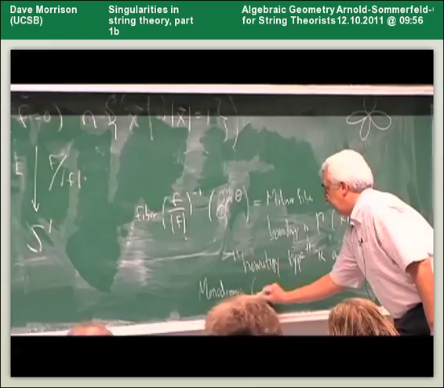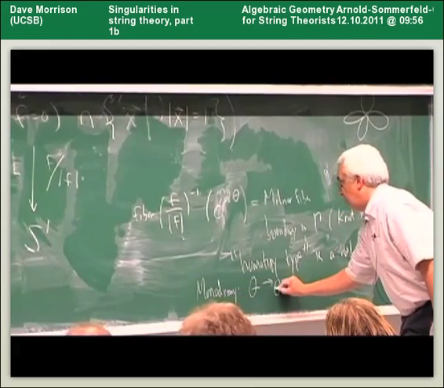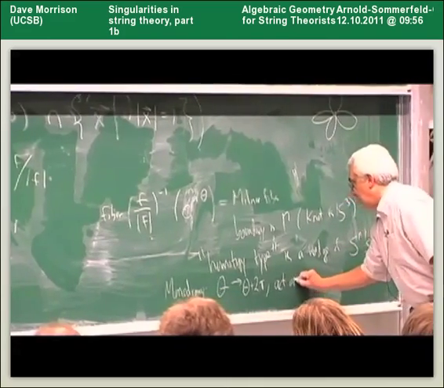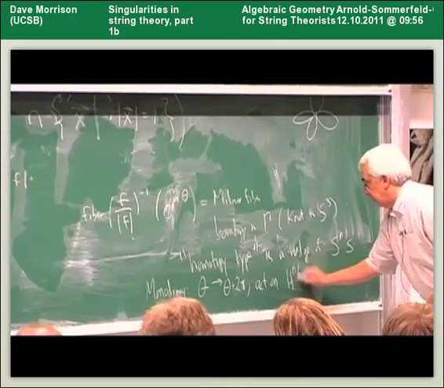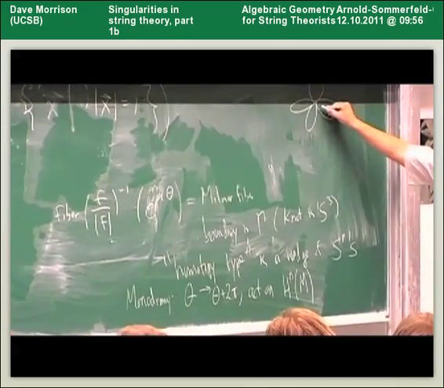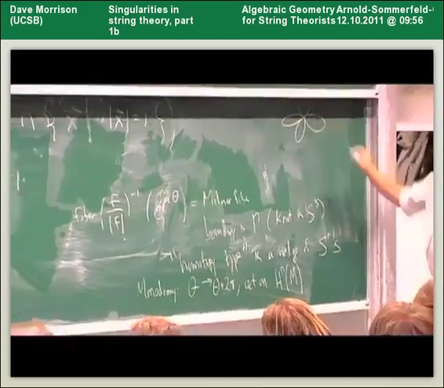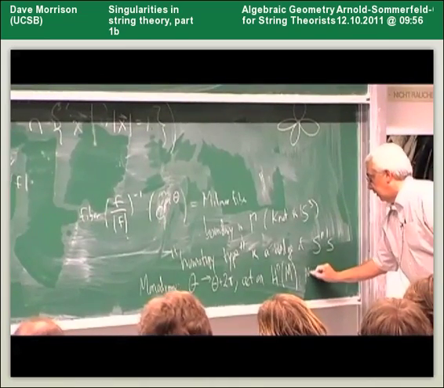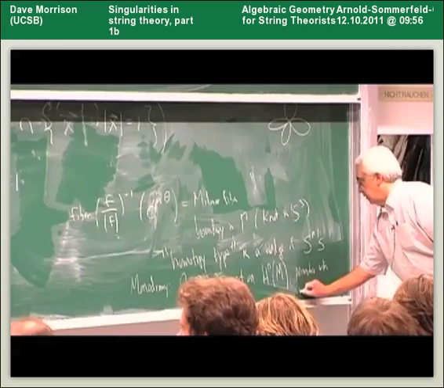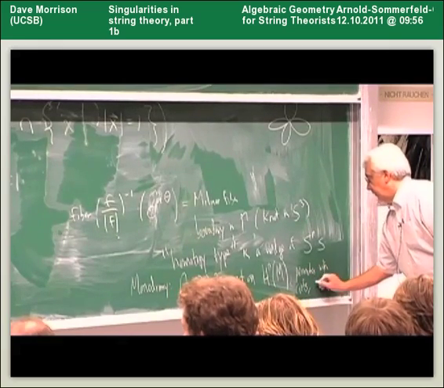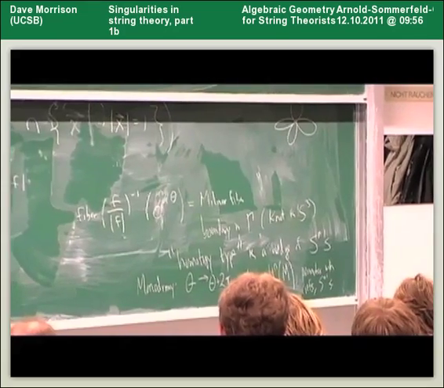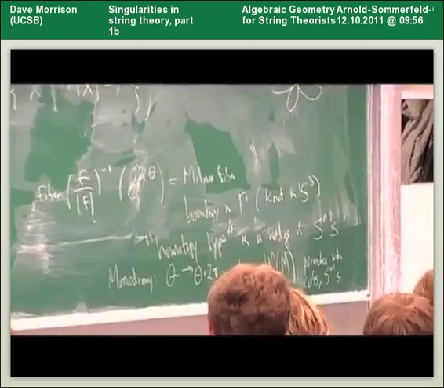If you take theta goes to theta plus 2 pi, if you go once around the circle, then you act on the nth homology of the Milnor fiber by somehow doing something to the classes of these spheres. So it permutes with coefficients somehow the S^n's.